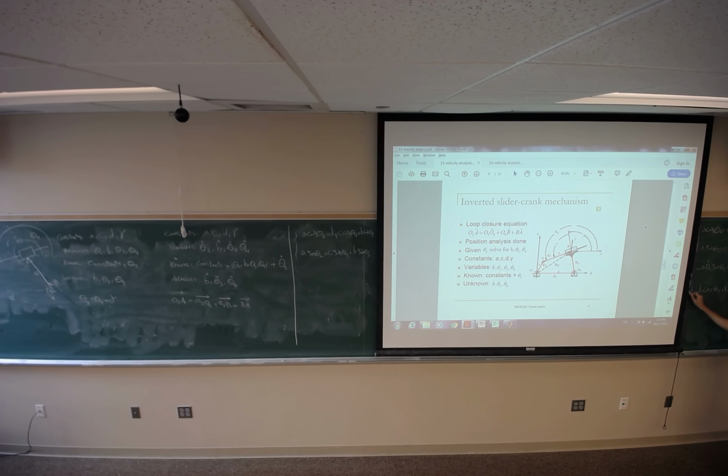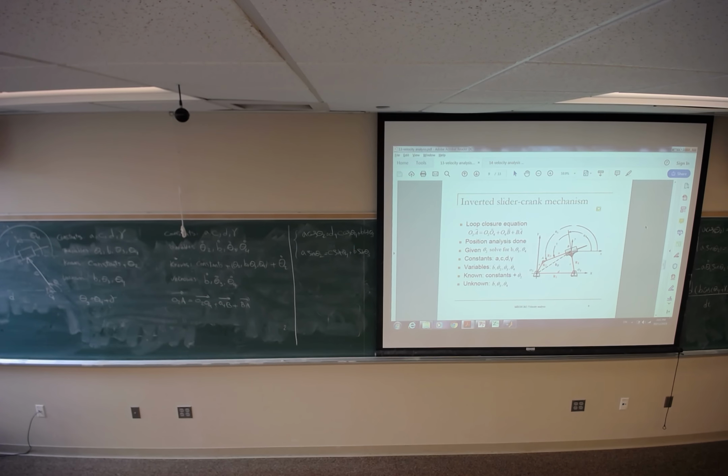Derivative of this with respect to time. B is varying, theta 4 is varying. So if you want to differentiate this, you should write something like this: derivative of the first term with respect to time times the second term, plus derivative of the second term with respect to time times the first term.